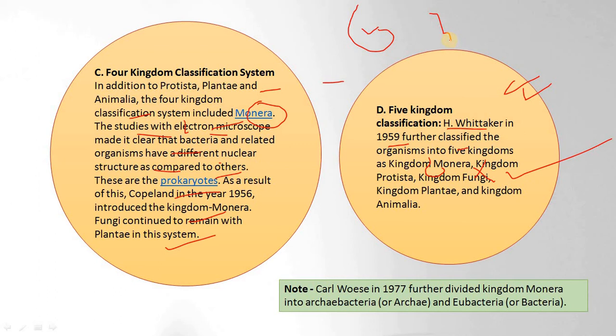Whittaker's five-kingdom classification included Monera, Plantae, Protista, fungi, and Animalia. It should be noted that Carl Woese in 1977 further divided kingdom Monera into Archaebacteria and Eubacteria, and it was called the six-kingdom classification.